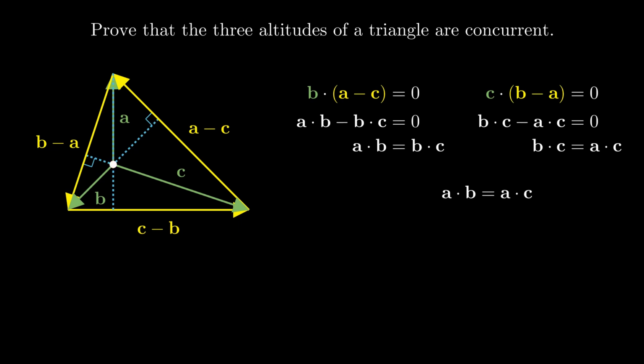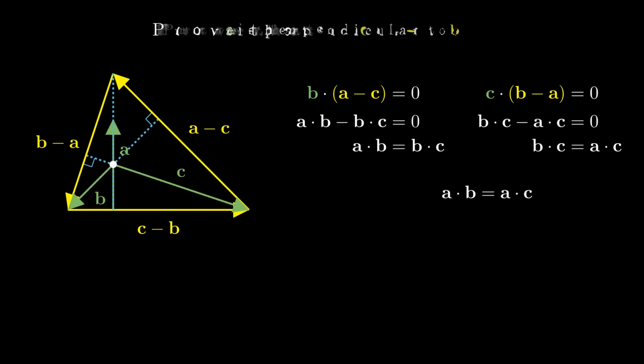But this is equivalent to just proving that vector A is perpendicular to this bottom edge here, because if so, then this third and final altitude must pass through our origin, which we have defined to be the point of intersection between the two other altitudes. So we've boiled down the question to just another perpendicular proof. To prove that vector A is perpendicular to the bottom edge, which is just C minus B, then we'd be done.